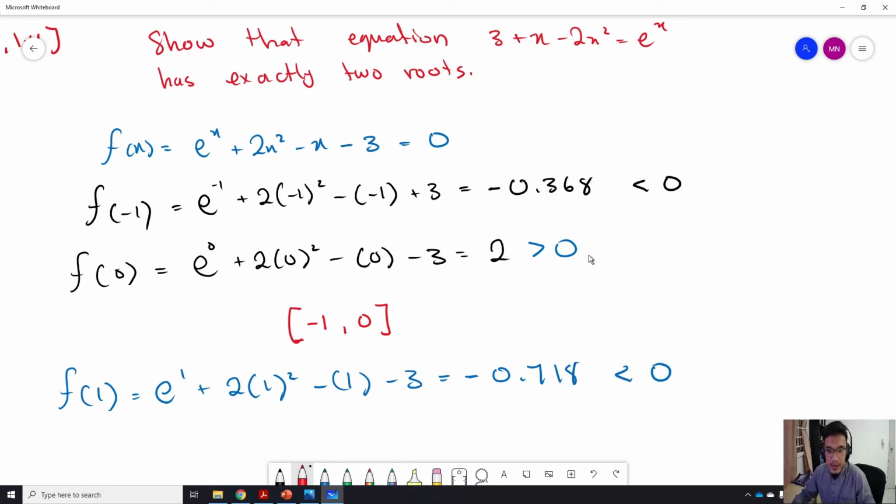So right over here it is less than 0, and right over here is bigger than 0. So another interval for the roots is between 0 and 1. So this is the interval of roots for the equation 3 plus x minus 2x square equal to e to the power of x.